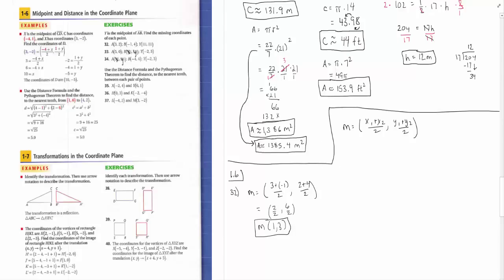So I'm going to go ahead and do that with number 33. So I'm going to start it up a little higher here. So I have, in this case, my answer, which should be -2, 3. Well, that equals, using my midpoint formula, the sum of my x's, which is 5 plus x over 2, and the sum of my y's, which in this case would be 0 plus y over 2.